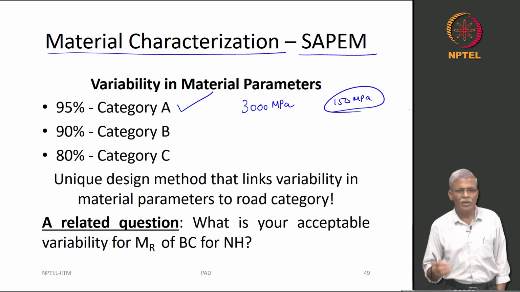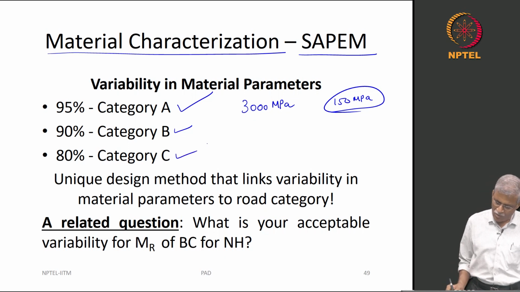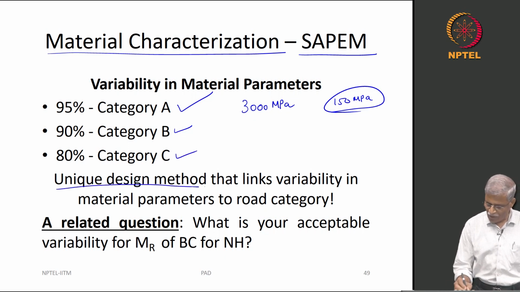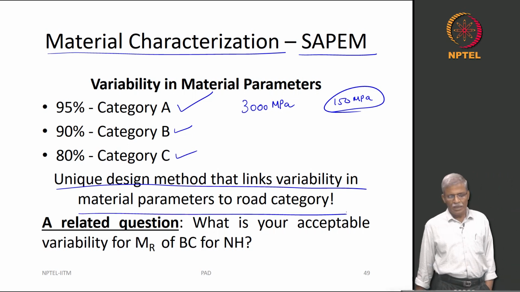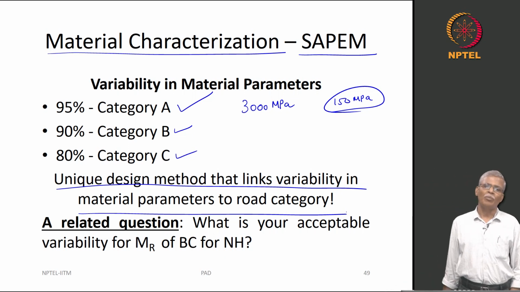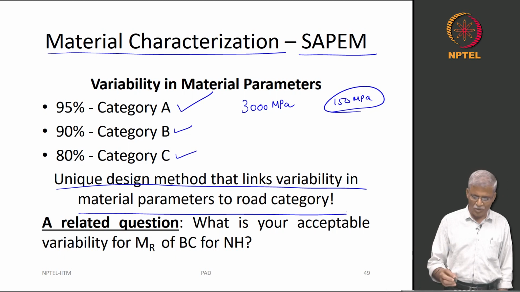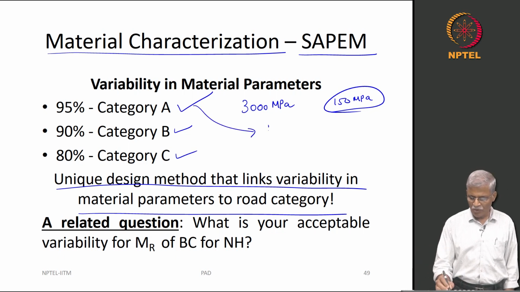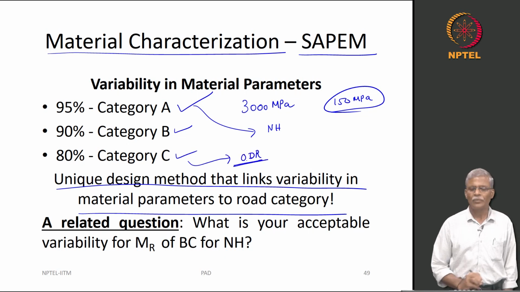So, depending on the category of the road, you can go from 95%, 90% to 80%, and in my opinion this is the unique design method that links the variability in the material parameters to the road category, which essentially tells you clearly. So, let us say this is your national highway, and so let us say this is your ODR, right.